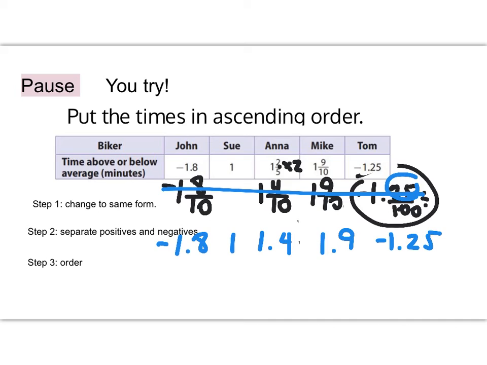I changed them all into decimal forms. I still use the same information because 1 4/10 is 1.4 and 1 9/10 is 1.9. So now they're all in decimal form. I do have negatives and positives, so I'm going to make a T-chart. And I'm going to put my negatives on the left side. Let me just start over.